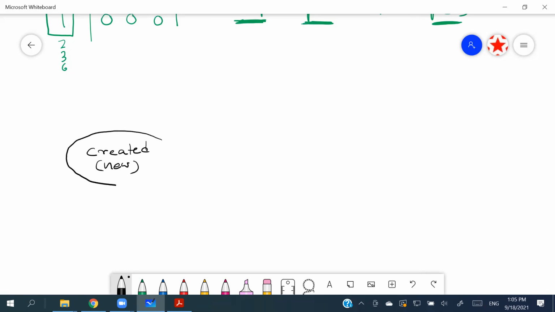We can show that state using an oval. And I told you this is an instant state. It just happens and it changes its state to waiting or ready as soon as it is created.